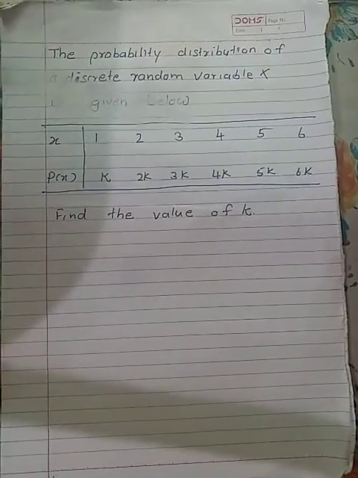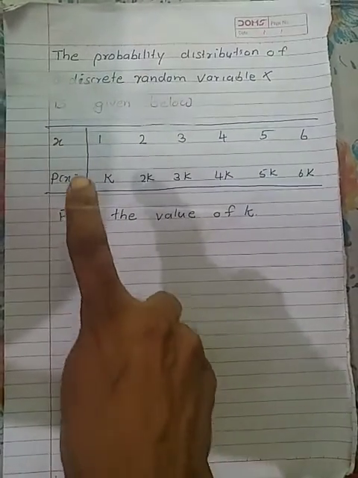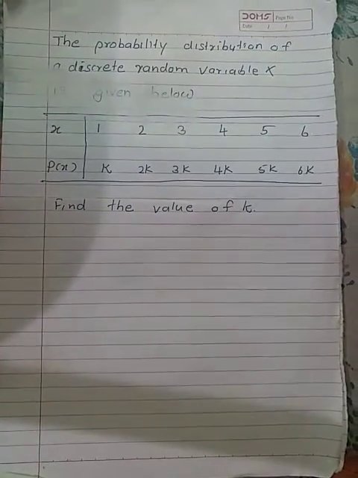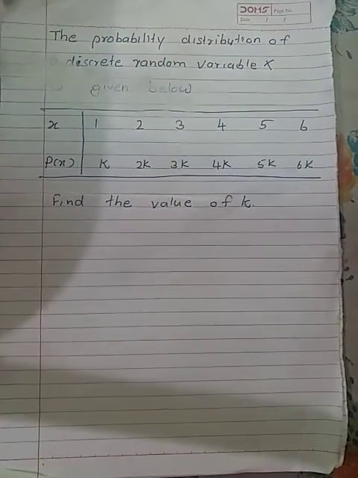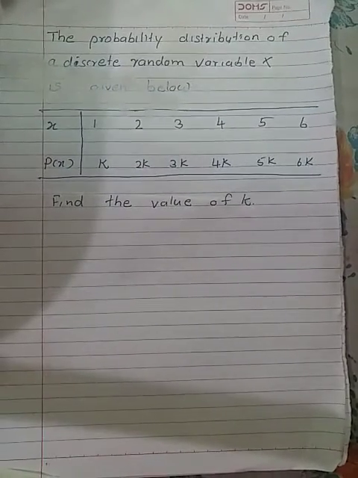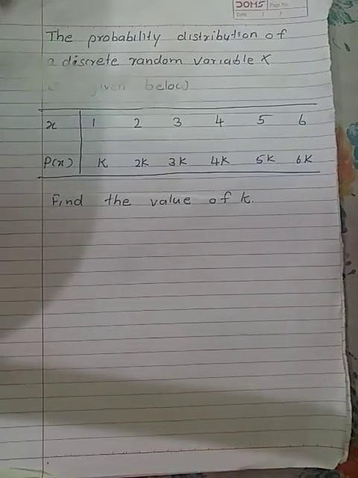So, the given question is a probability distribution. Since it is a probability distribution, these are probability mass function. According to the property of probability mass function, summation of P of x equal to 1. That is, k plus 2k plus 3k plus 4k plus 5k plus 6k equal to 1. Then we can get the value of k.